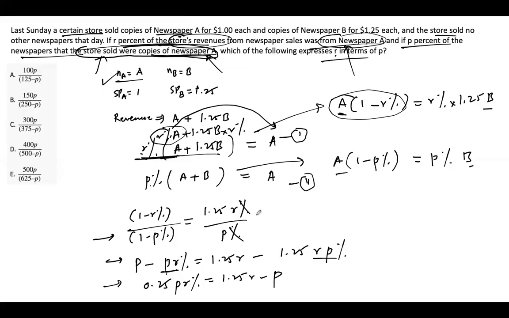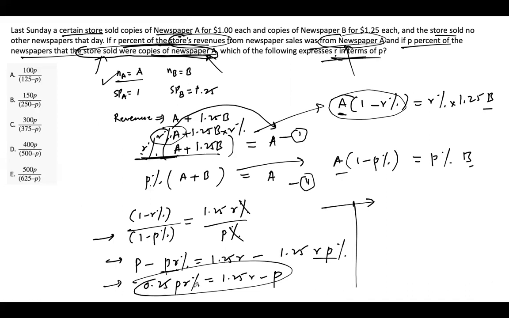Which is 1.25 R minus P. Okay, this is calculation intensive, I know. And you need R in terms of P. So what to do? Either you take all R to one side. Let's say this was your step, right?